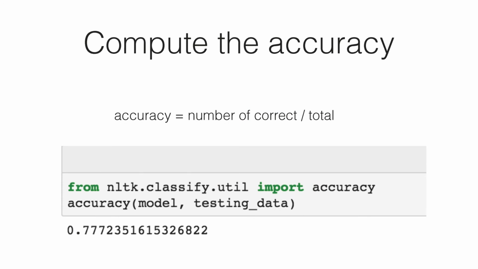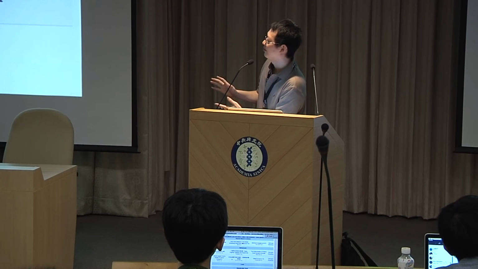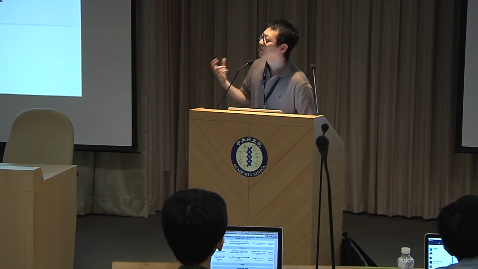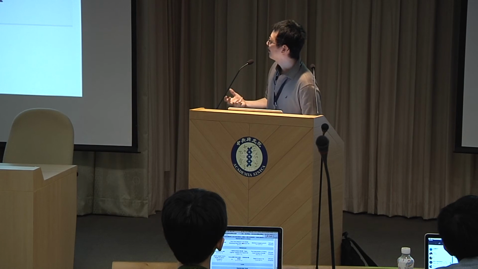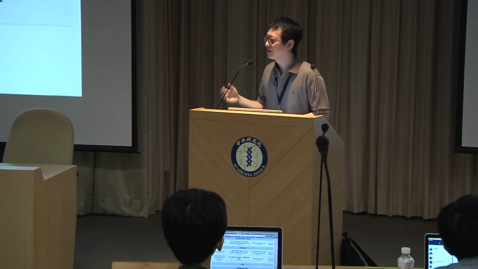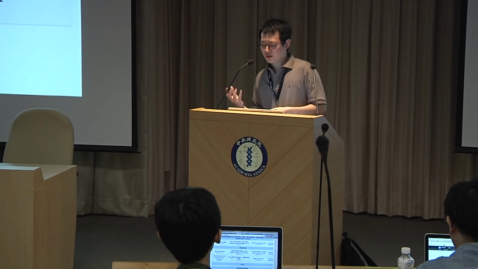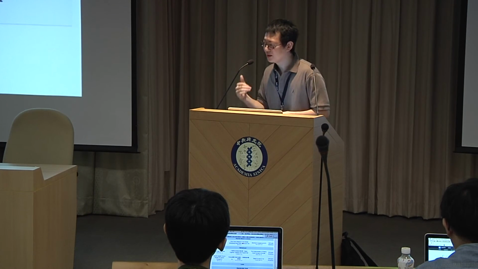And normally when we are doing machine learning work, we have to confirm whether the model is good enough. One of the easiest ways is to just compute the accuracy. You predict a lot of times, you just count how many times it is correct, and you divide by the total number. And NLTK has already provided lots of metrics, so you can use that together.